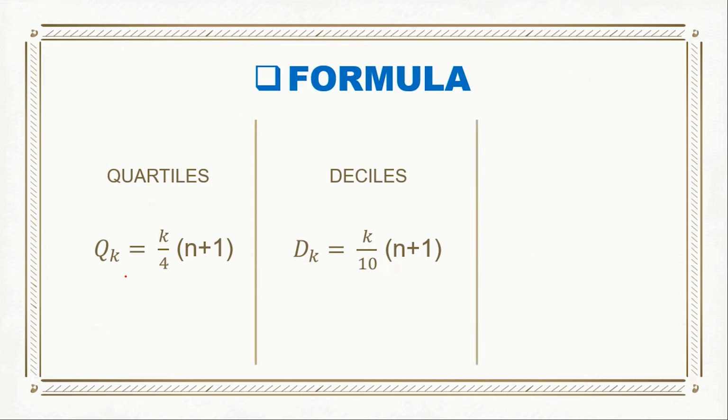And for percentiles, P_k equals k over 100 multiplied by (N plus 1). Here, class, k is the number that we are looking for. For example, if we are looking for the 50th percentile, then k is equivalent to 50. And N here is the total number of data.